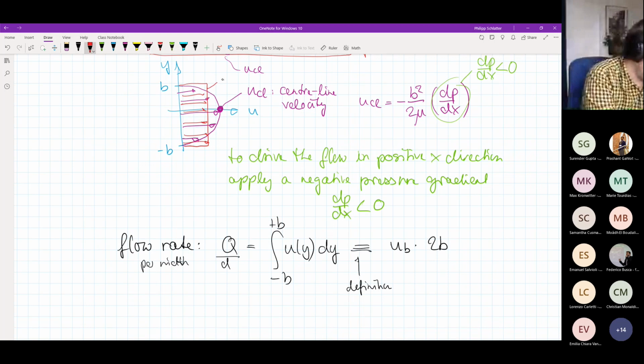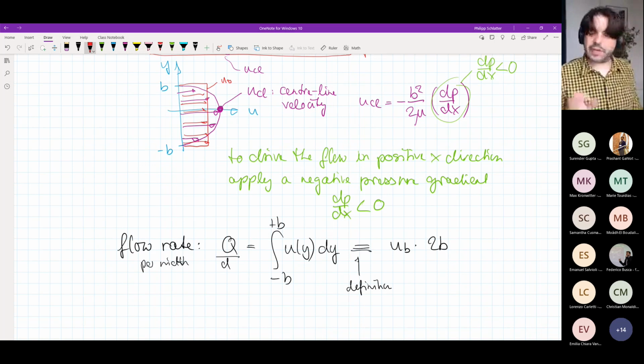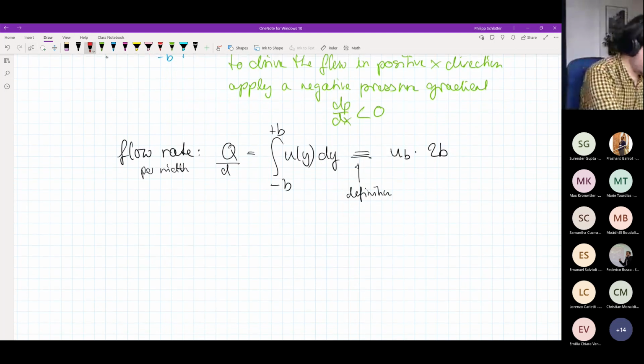So this here would be ub. So we assume that we have the velocity everywhere the same, but it has the same flow rate as the purple one. And this is called the so-called bulk velocity.